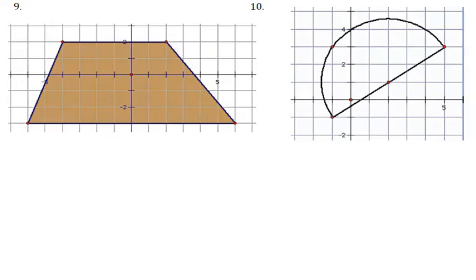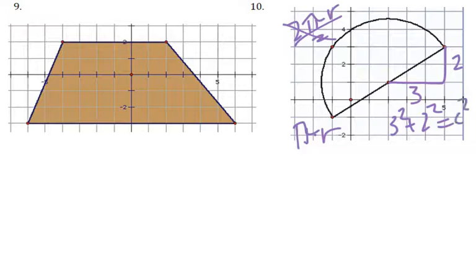Okay. Now, if we look at 10, we'll do that one first. We've got a semicircle here, but we need to figure out what our radius is. Normally circumference is 2 times pi times r, but if we're cutting it in half, it's really just pi times r. So the radius, we could go from this point to here, 2 and the 3, so 3 squared plus 2 squared would equal c squared, or r squared if we're talking about radius, because that's the length we need for our radius.